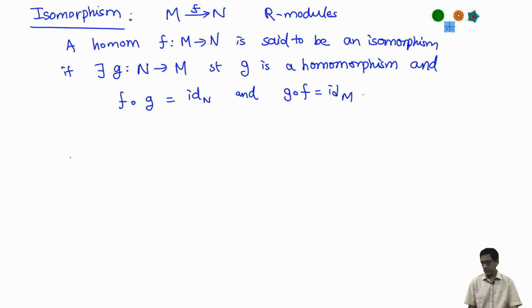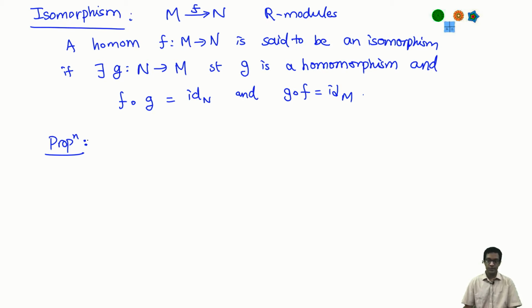Now here's a little proposition which makes it easy to check that a given map is an isomorphism. You don't really need to look for a homomorphism G in the opposite direction and so on.